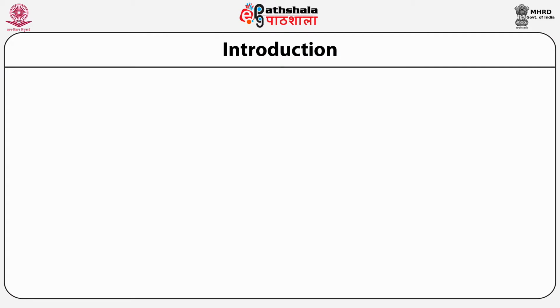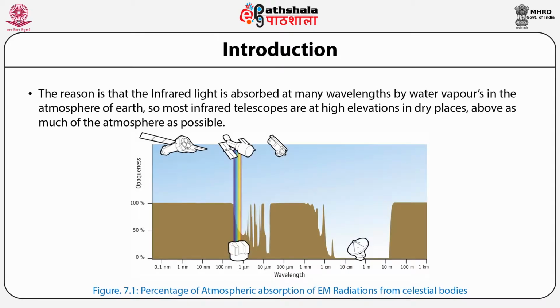Now, why does infrared astronomy seem to be very important? The reason is that infrared light is absorbed at many wavelengths by water vapors present in the Earth's atmosphere. As we have already said, there is an atmosphere which belongs to our Earth.